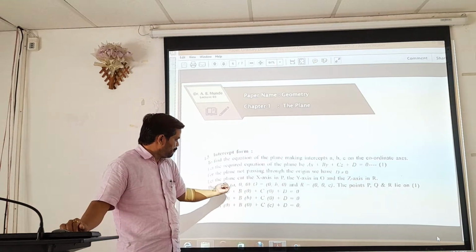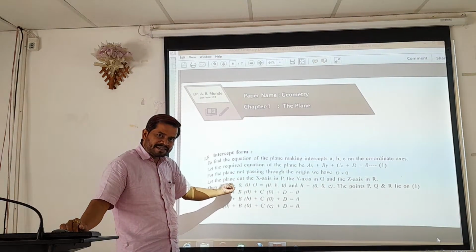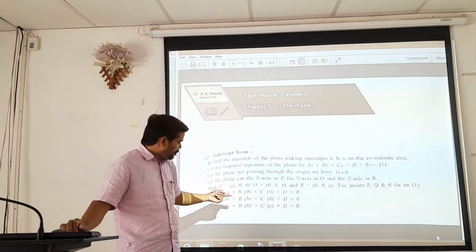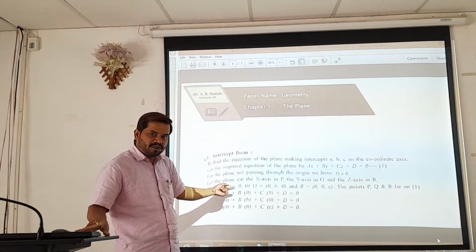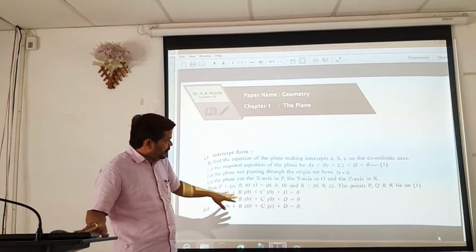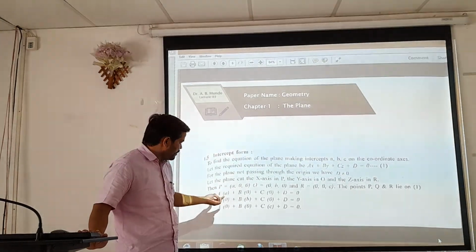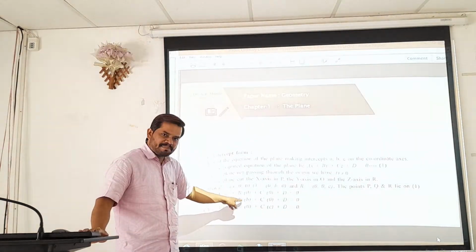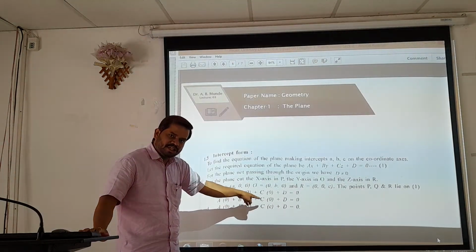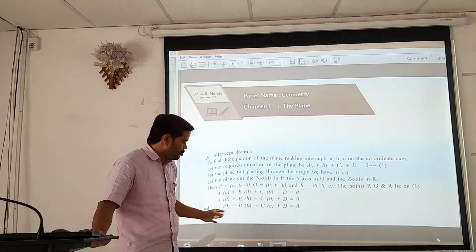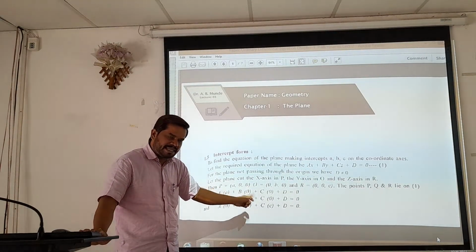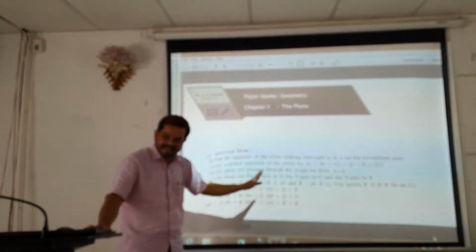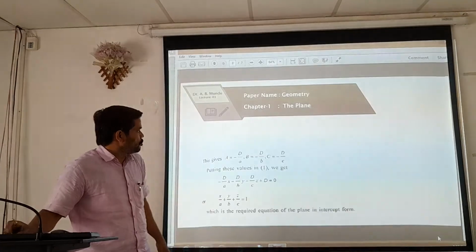We can put the point P whose coordinates are (a, 0, 0) in the equation of the plane. Similarly, you can put the points Q and R in equation 1. We get A into 0 plus B into b plus C into 0 plus D is equal to 0. And the last one is A into 0 plus B into 0 plus C into c plus D is equal to 0.